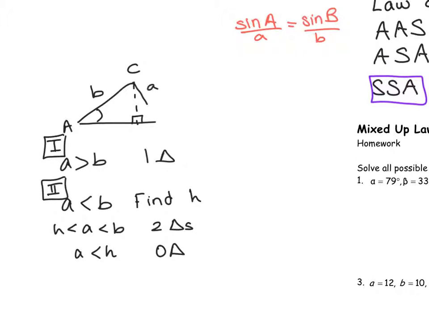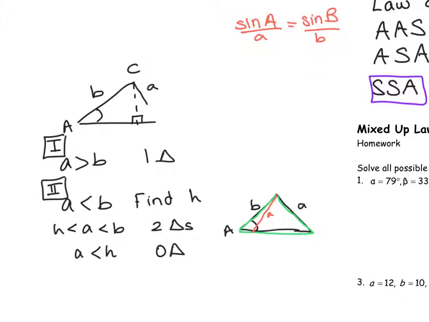Let's talk more about the two triangles. If I have an angle and an opposite side that is smaller than b but bigger than the height, that means this triangle can be drawn in two different ways. That could be my first triangle, or then this could be my other a, and that would be my second triangle.